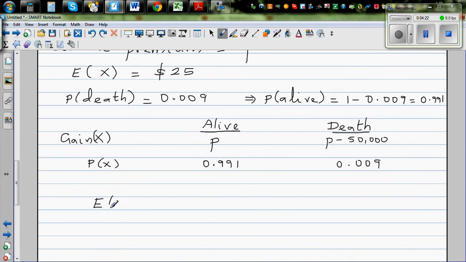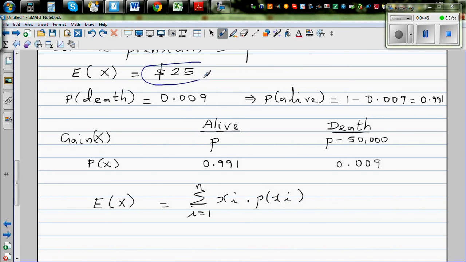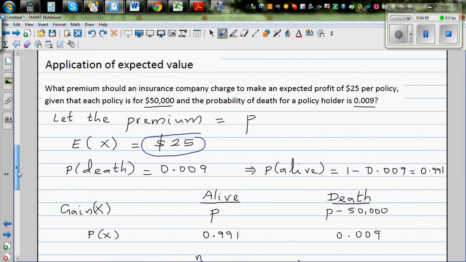Let's write the formula. The expected value of a random variable x is sigma i from 1 to n of xi times probability of xi. The expected value of this situation is 25. They want an expected gain or profit of $25.